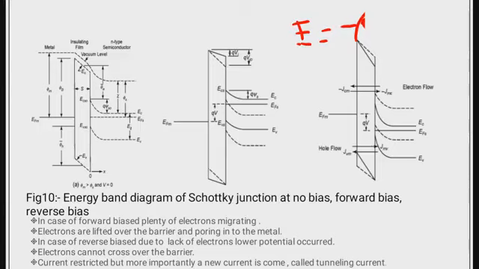So in the case of reverse bias, due to the lack of electrons, a lowered potential occurs, hence the band goes down, and here the band goes up as compared to this one.